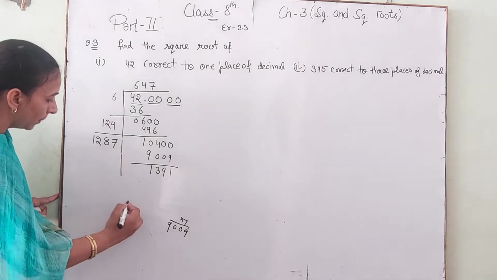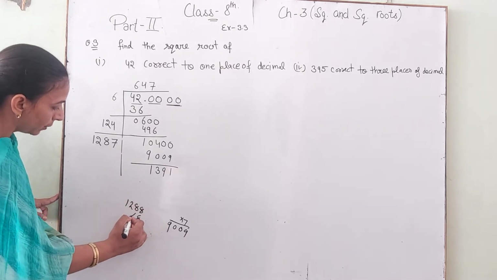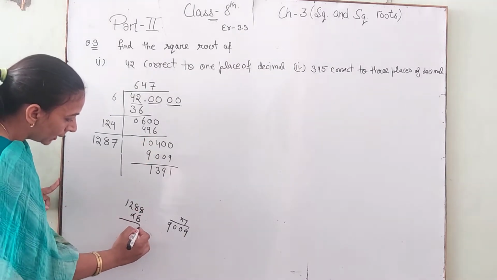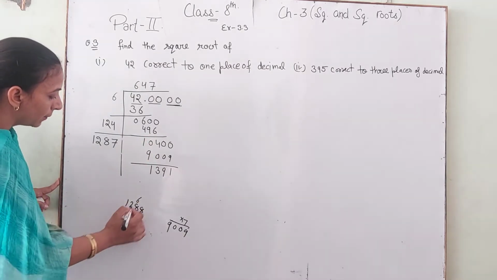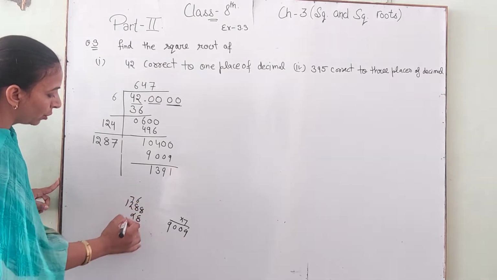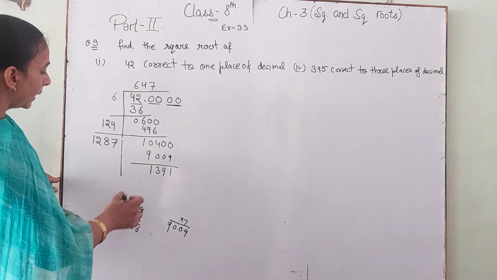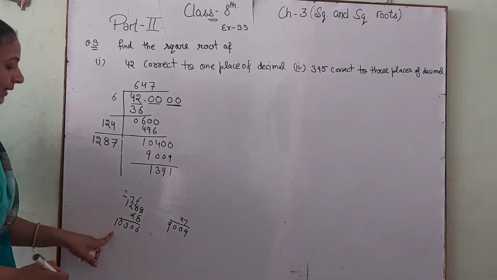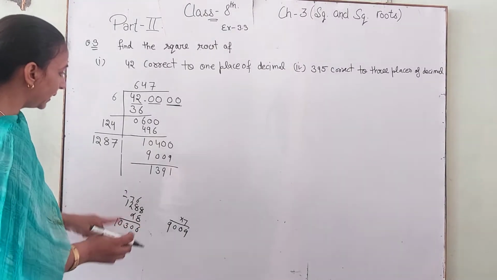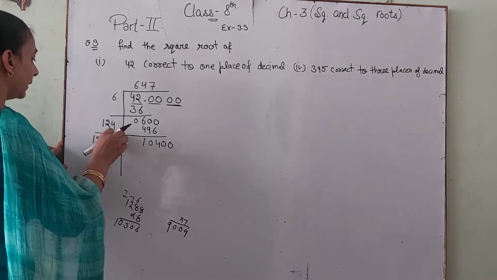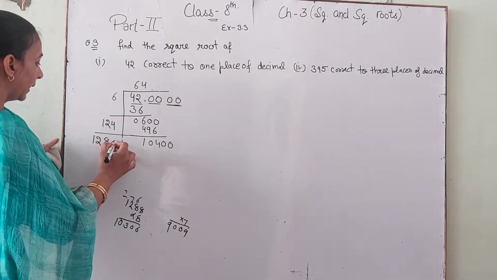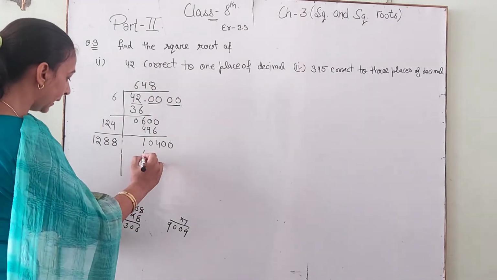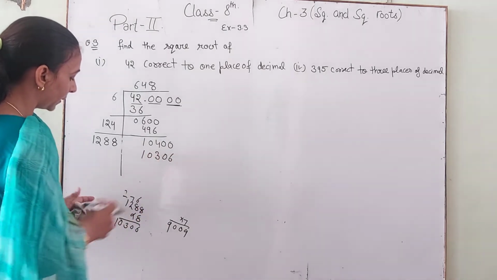First we check maybe 8, so maybe it is not greater than this. 8 8s are 64, 8 2s are 16, and so on. Yes, we take 8 because this is less. We take 8 here, and there is also 8, and with 8 it stays less than 10306. Okay.